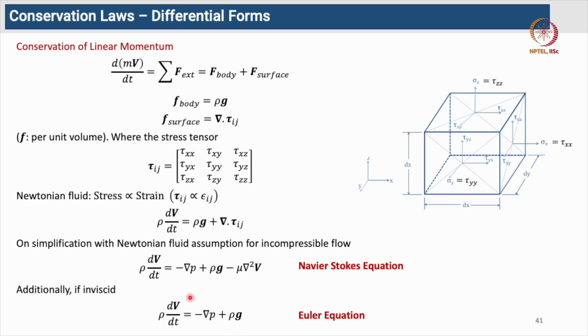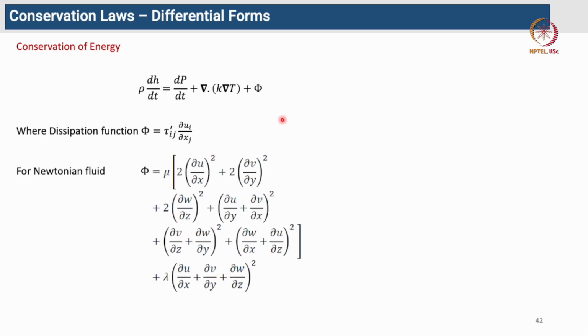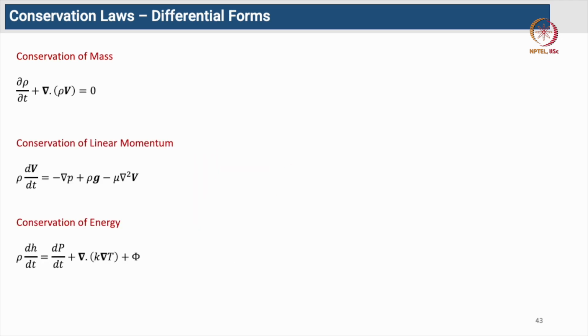So if it is inviscid, you will get the Euler's equation, because the viscosity will actually drop off. Then the conservation of energy can also be written in a form like this: H is the enthalpy, phi is the viscous dissipation. It can be neglected in certain cases because you can see it depends on the square of the velocity gradient, but not the cross velocity gradient. So these are the equations in their differential forms.